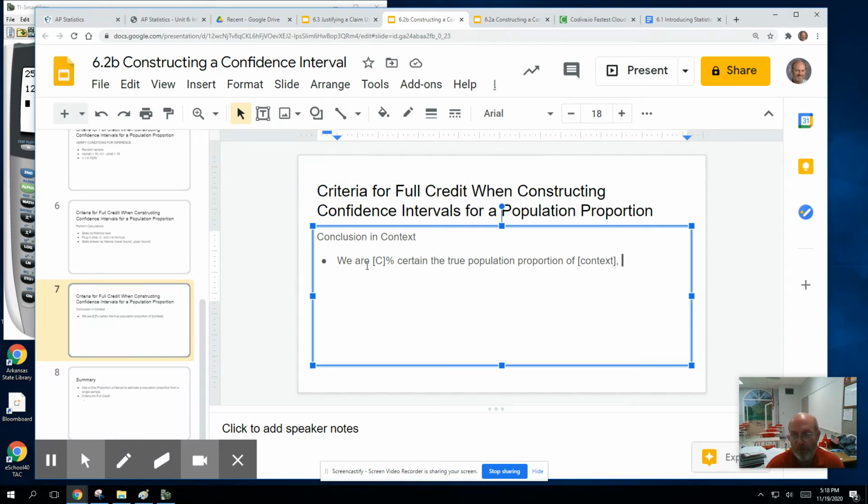It could be the proportion of people who support a particular political candidate. It could be whatever the context of the problem is. You have to put that in here. You have to state we are C% certain the true population proportion of, and then whatever in context, is between your lower bound and your upper bound. These are both proportions. That means they should be between 0 and 1.